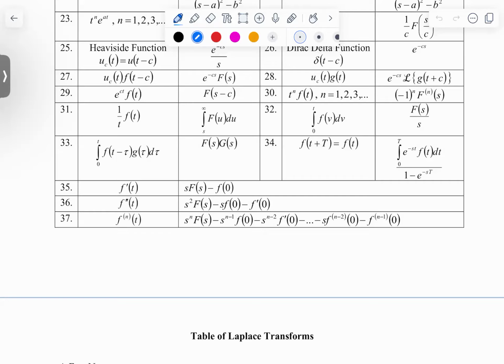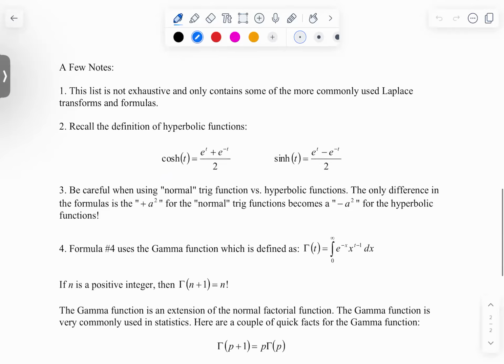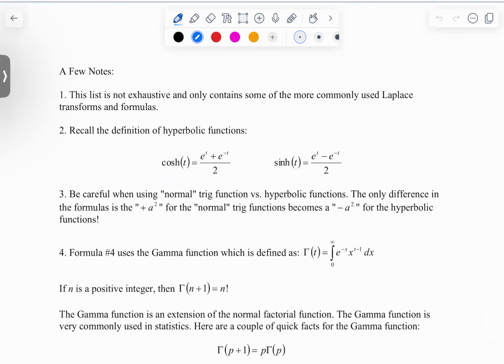Without a doubt, 1 through 10, and then 35, 36, and 37 are massively important. It is not exhaustive, but it's pretty darn close. It's everything that we're going to look at.